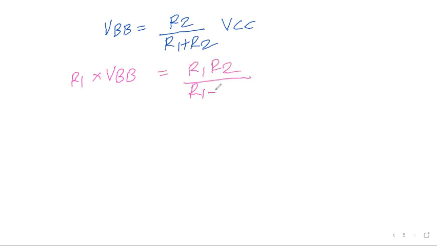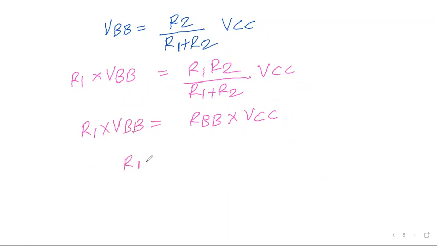Very soon you will come to know why I did this, because R1 R2 divided by R1 plus R2 is nothing but RBB. So from this equation, R1 is equal to RBB multiplied by VCC divided by VBB. VBB you have already calculated.